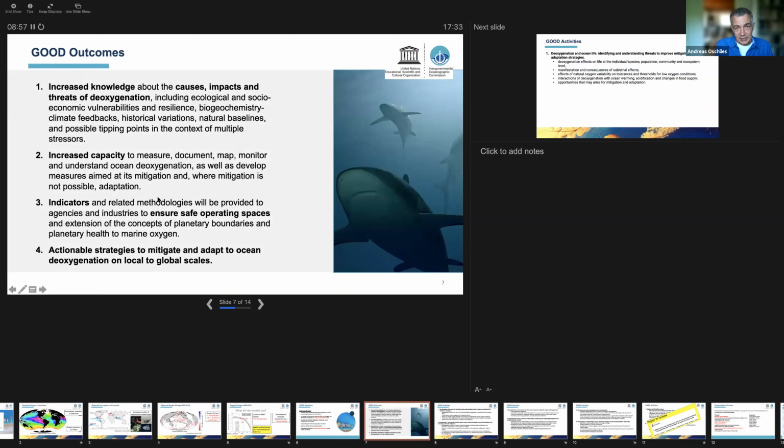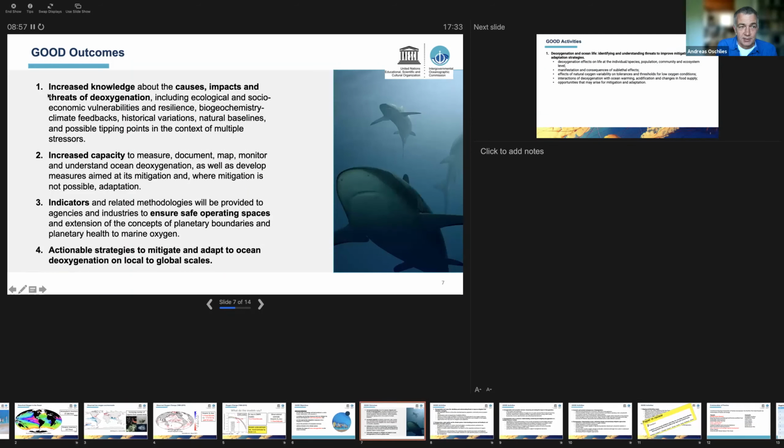The outcomes we expect from the program is first the increased knowledge base, causes, impacts, and threats of deoxygenation, so mechanistic understanding, and also better understand vulnerabilities of individual species, of ecosystems, and feedback cycles. There are a lot of biogeochemical feedbacks linked to different nutrients.